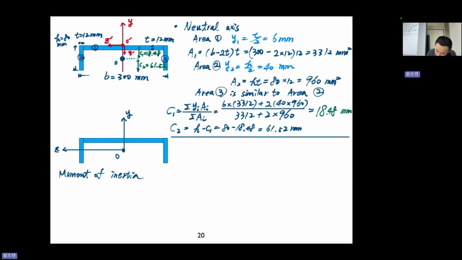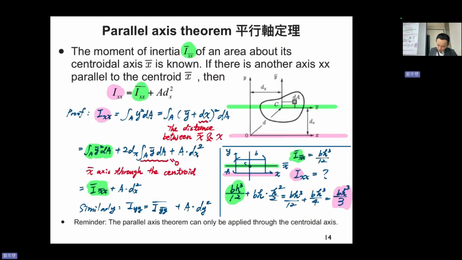And oh no, it should be pink. Yeah, because this is our target. This is our target. Remember that. We need to move from the centroid to the target axis that we are actually bending about.